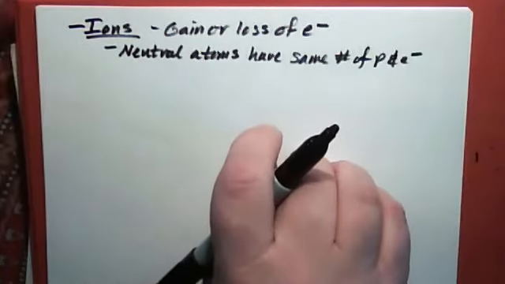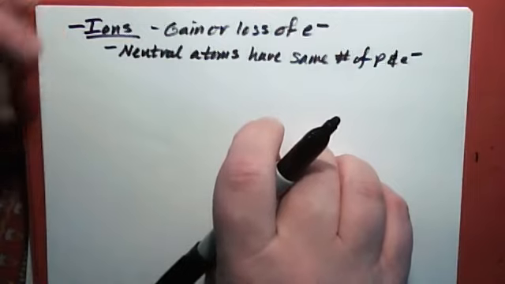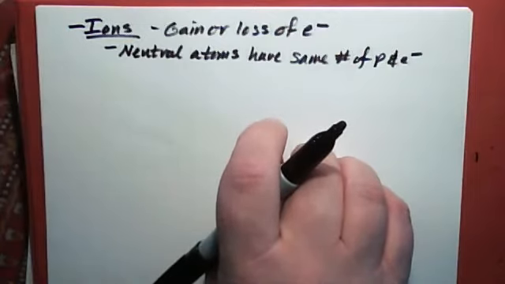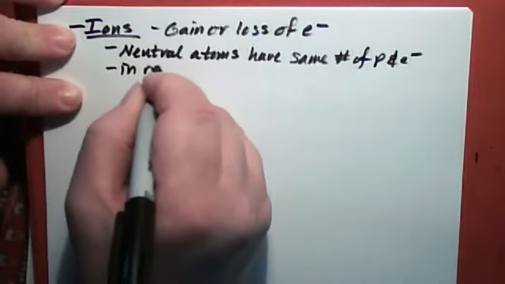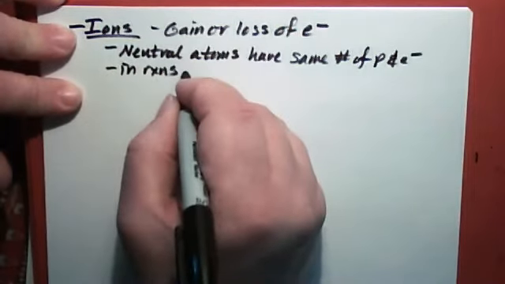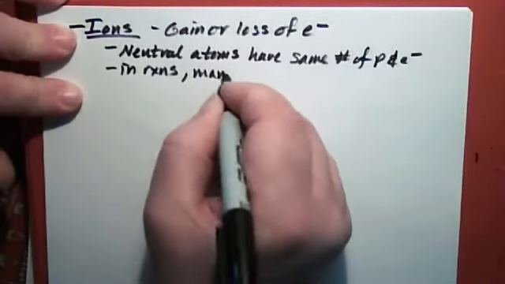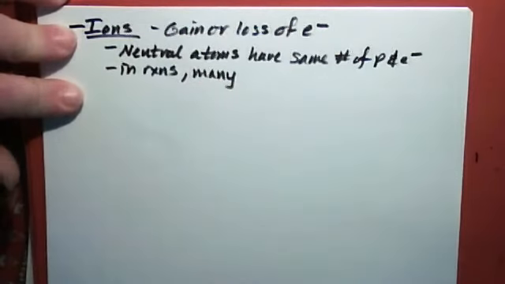And because they have the same numbers of positive and negative charges, that's why they're electrically neutral overall. But in many reactions, many elements can gain or lose electrons.